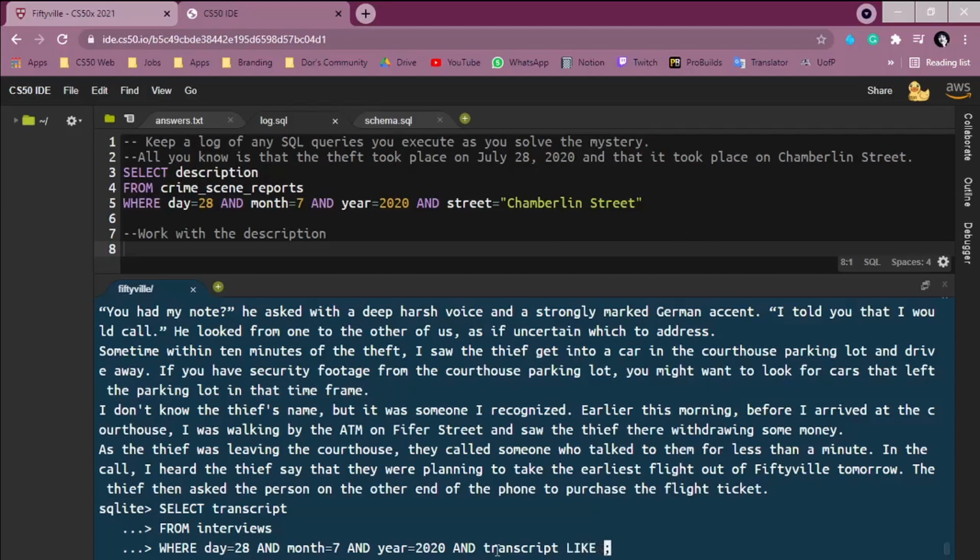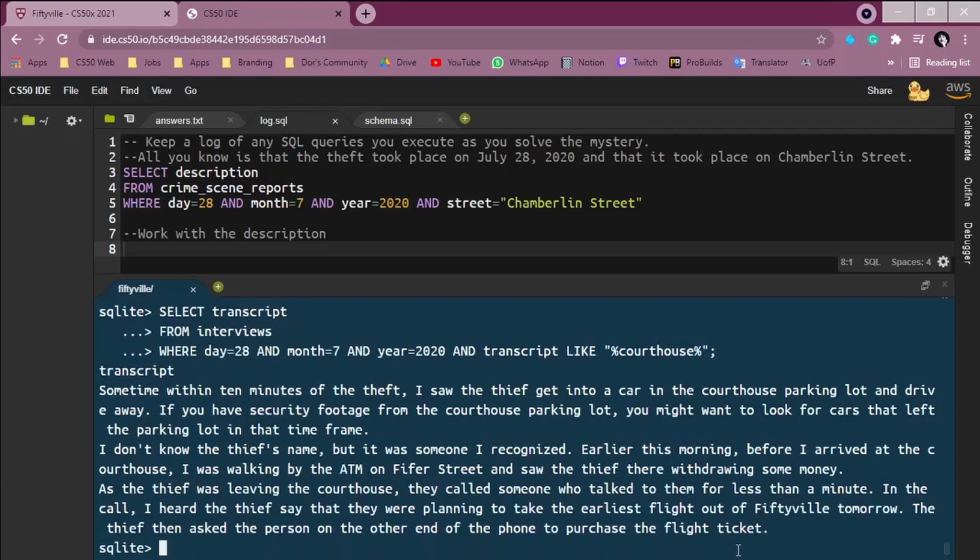Why like? Because we're saying that some part of the transcript is going to use this information here, and to say this, we're going to use percent courthouse percent. So when we use this notation, we're saying that in some part of the transcript, it's going to talk about courthouse. When we click enter, we're going to find out just three transcripts, and that's what we want.